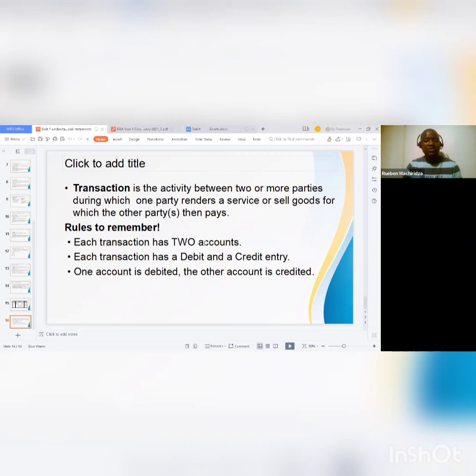For those two accounts, one should be a debit, the other one should be a credit entry, so that our equation remains in balance. And one account is debited, the other account is credited, like I said, so that the equation remains in balance.